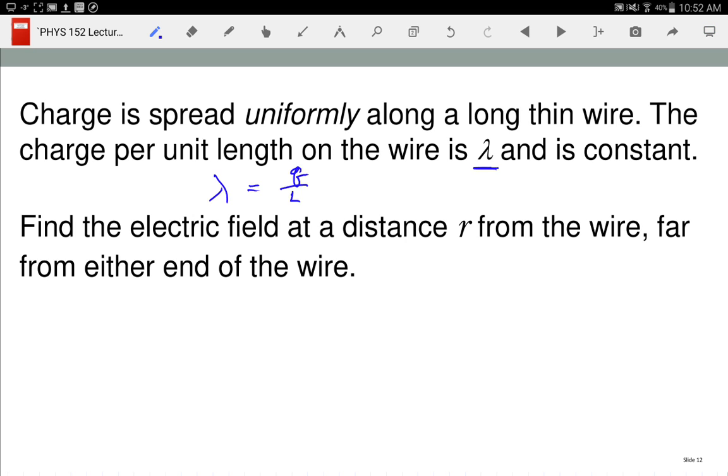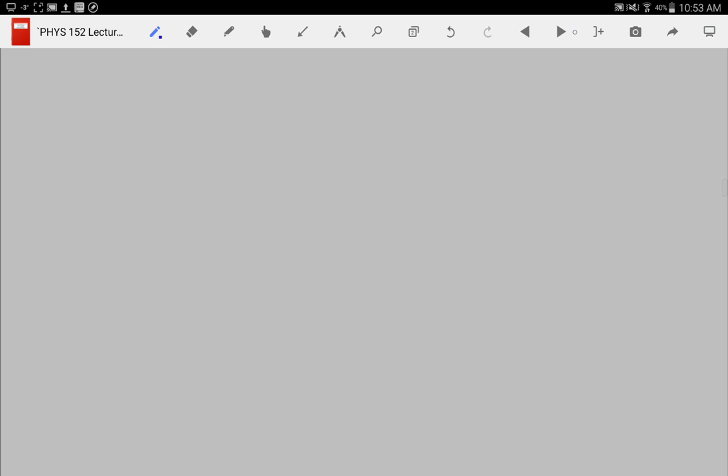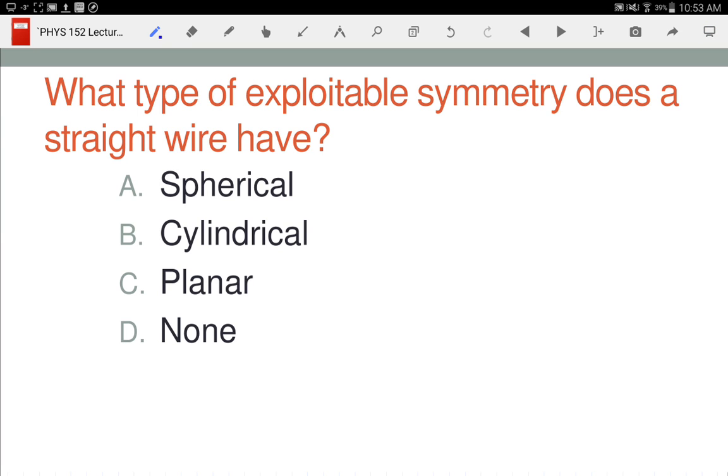What we've learned so far, Coulomb's law, that won't give me an answer. Coulomb's law works for a point charge. It won't work for this. But Gauss's law does work for it. So please, please, please have the clicker question here. Come on. Good. What type of exploitable symmetry does this straight wire have?